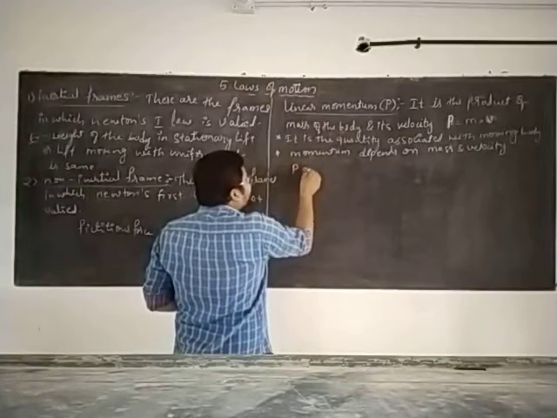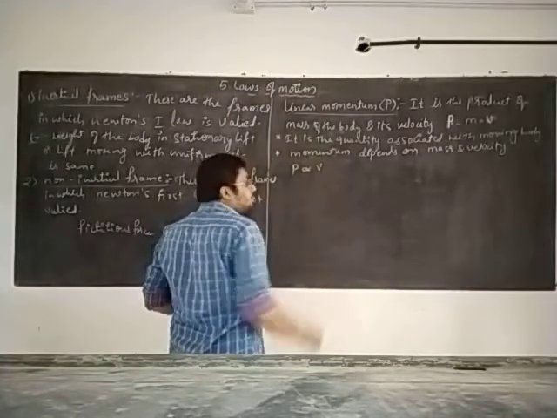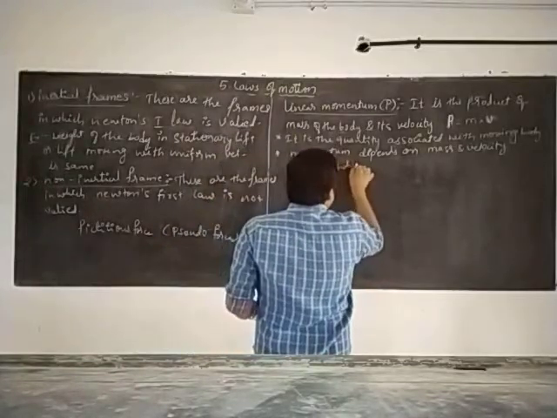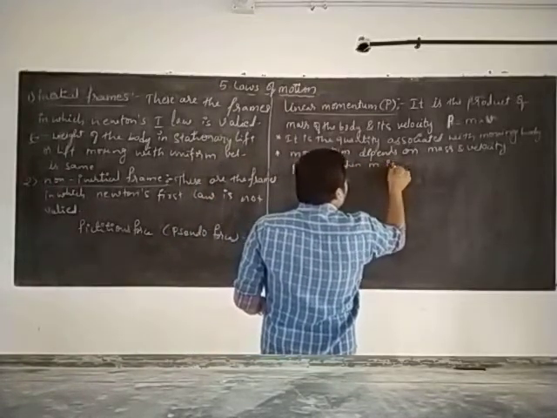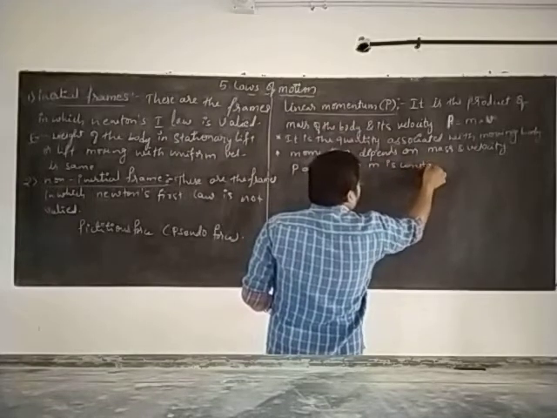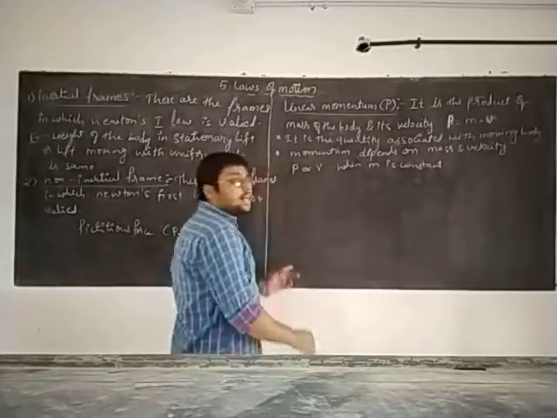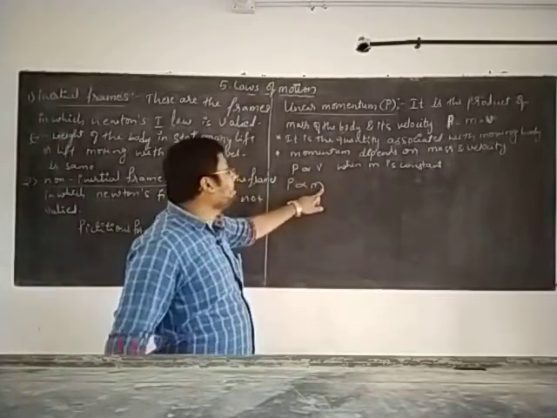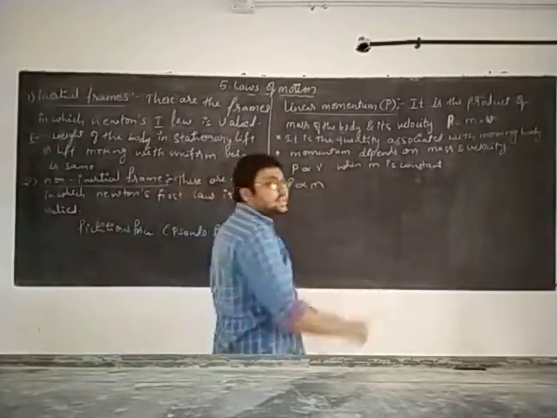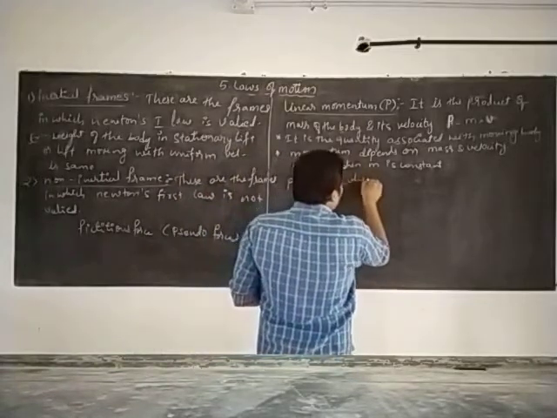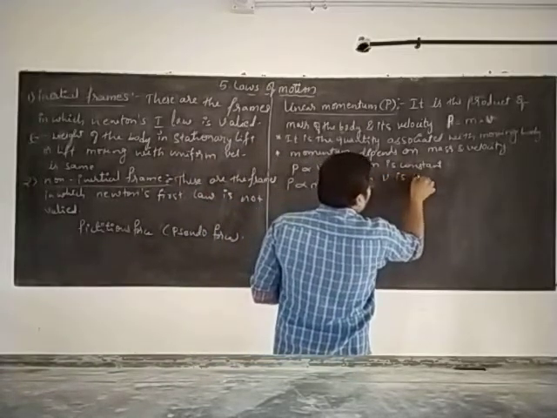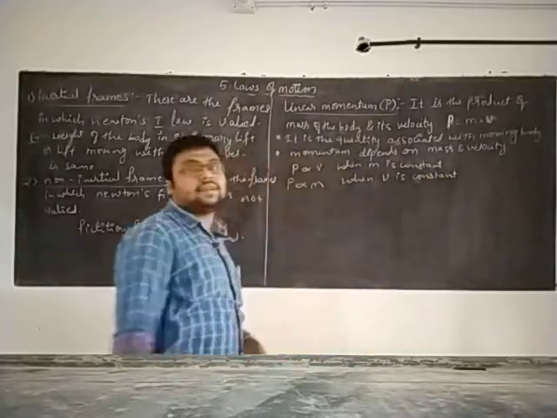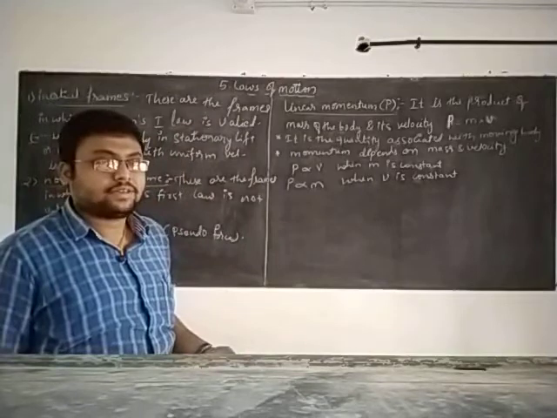Look here, P is directly proportional to V, meaning velocity, when M is constant, when mass is constant. And similarly, P is directly proportional to M, meaning mass, when velocity is constant. When V is constant. Is it clear?